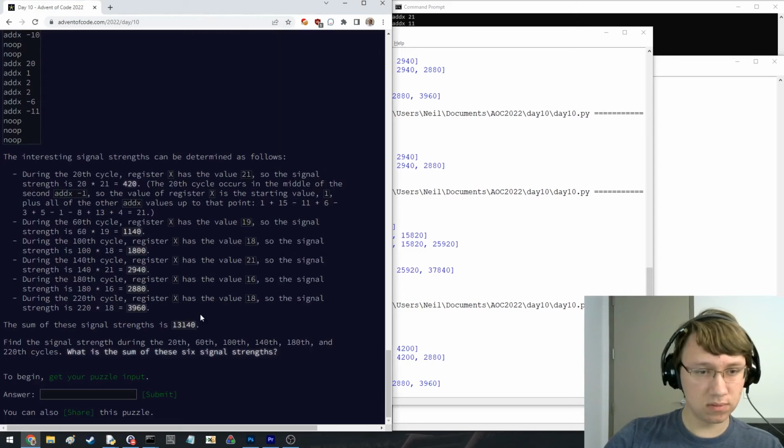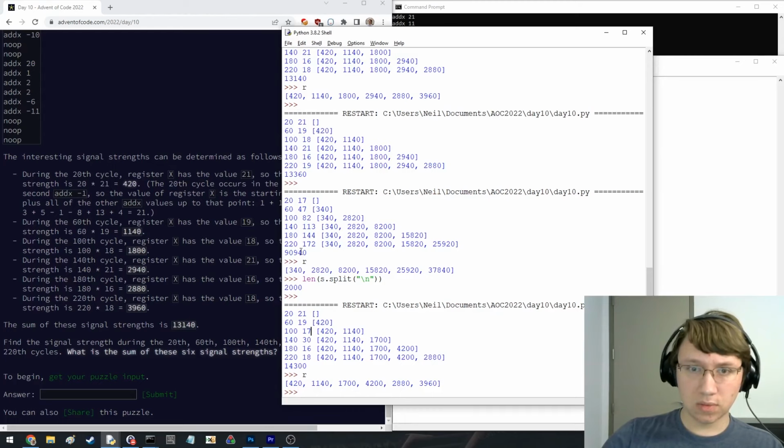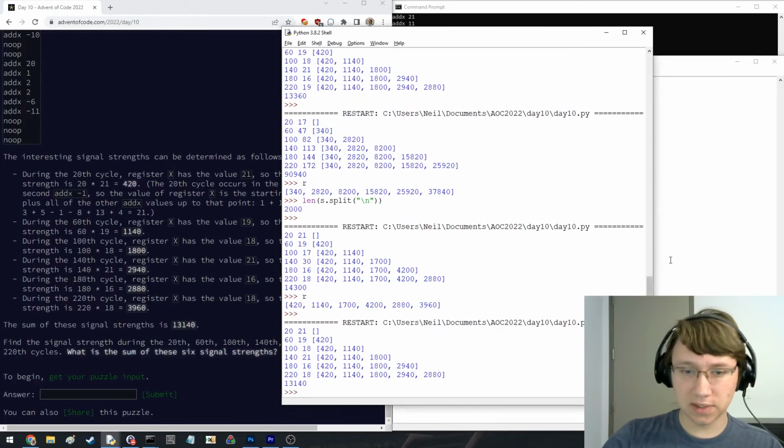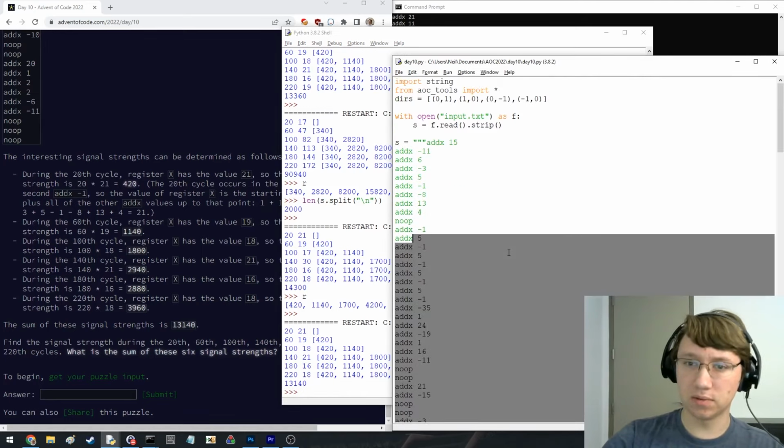Hmm. And when I get the right sample input, sorry, did I fix this? Yeah, okay. 21, 19, 18. I already checked that these were right, so I basically have to be working with the real input now, I think.